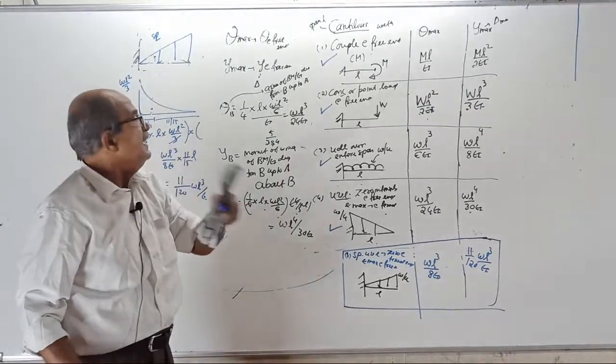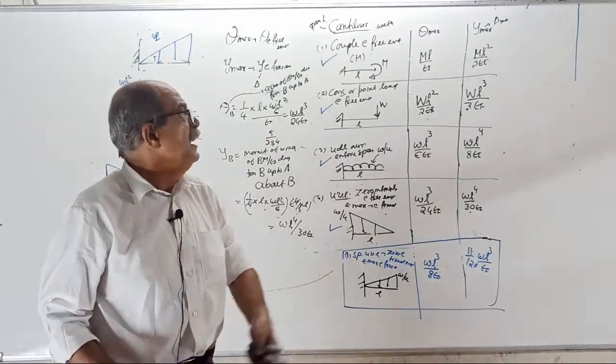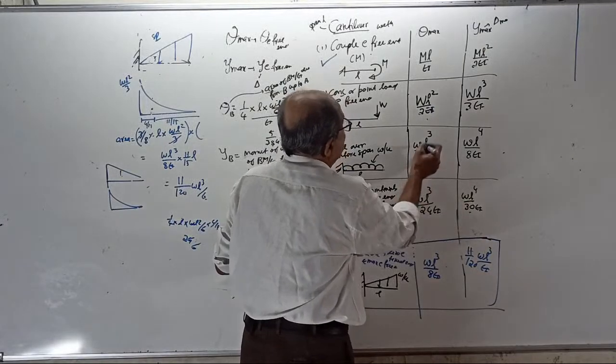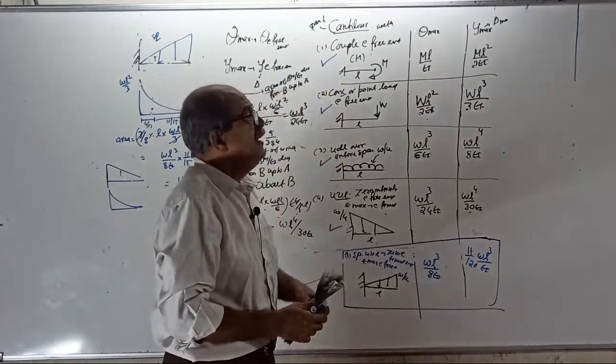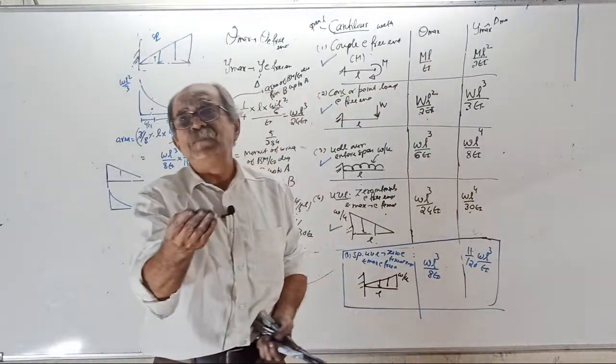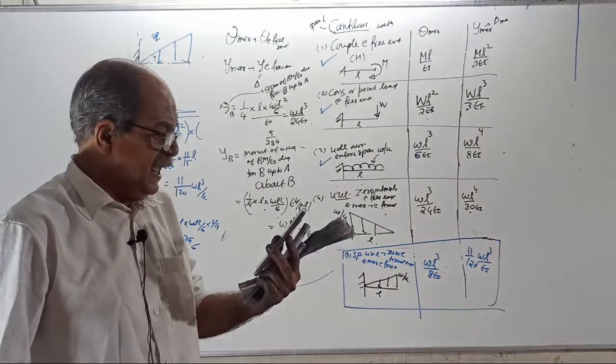Tell me, this basic derivation, if confusion comes, is it better to learn all these by heart, or use some nonsense sequence, or take a paper and derive? What is better?